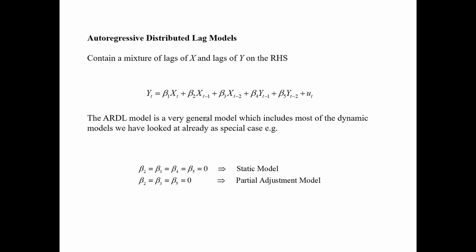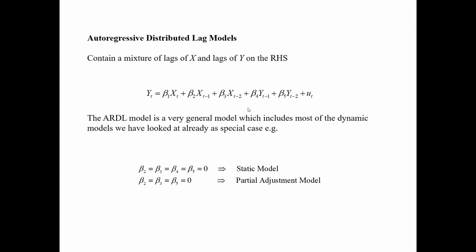If we set the parameters beta 2, beta 3 and beta 5 equal to 0, we would just have an equation which included xt and yt minus 1, and that would again be a familiar model. That would be the partial adjustment model that we've looked at in previous lectures. So this is going to be a continuing theme with the ARDL model.